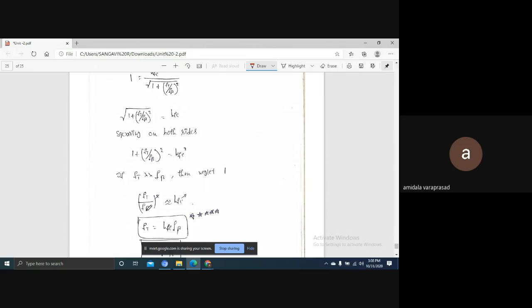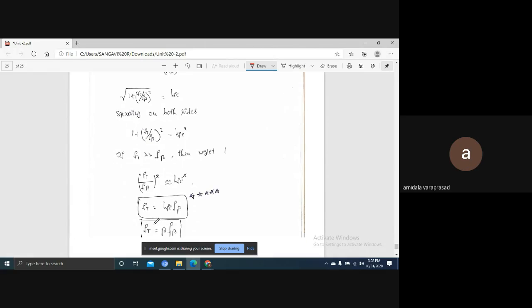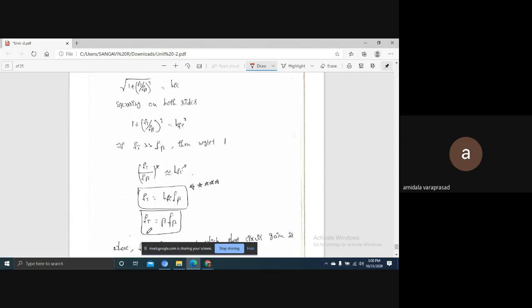Then (ft by f beta) whole square is approximately equal to hfe square. Therefore, ft is equal to hfe into f beta, that is, ft is equal to beta into f beta. This is a very, very important relation for a 2 marks question.